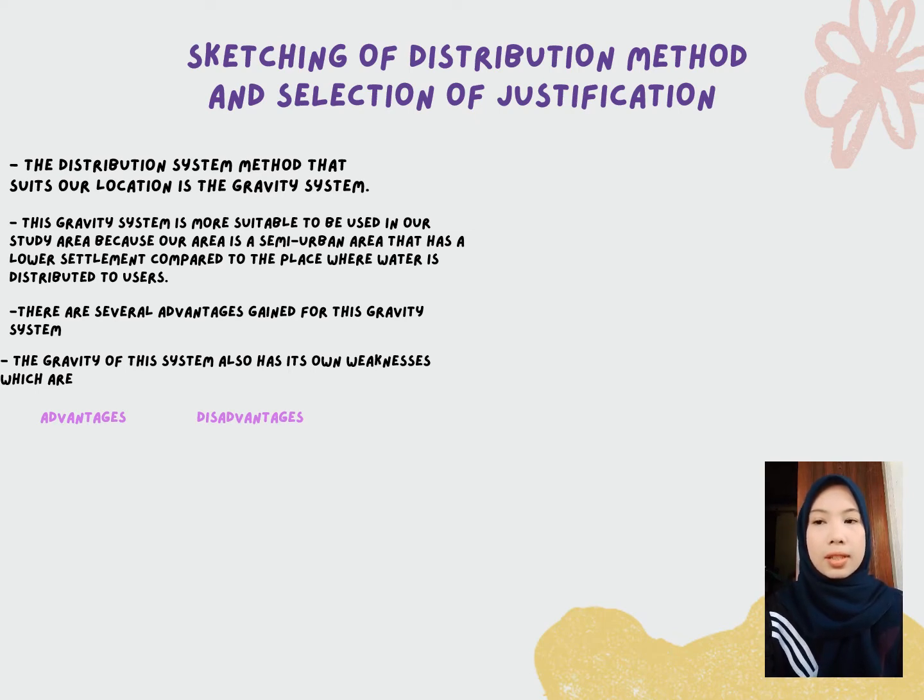Based on the case study we did in Pulau Serai, Dungun, we found out that this area is suitable for using the grid iron system. First, the grid iron system also contains main lines, sub-mains, and branch lines, but in this system, the dead ends are eliminated by interconnecting all the lines.